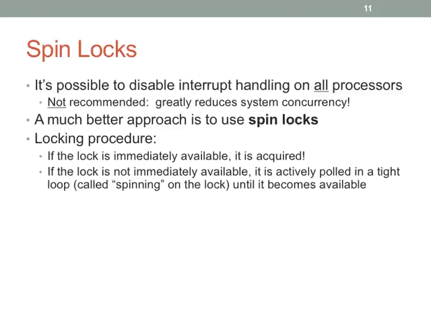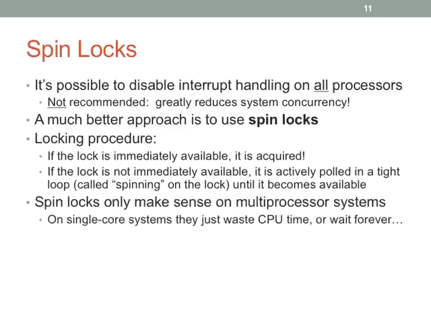We call that spinning because you're sitting in a tight loop checking on the lock. So you're checking on the lock, waiting an interval of a few clocks, and then you check on it again, and so forth. So you're really checking it fast, which means you're expecting that it's going to become available really quickly. They only make sense on multiprocessor systems where the lock is only going to be held for a very short time.